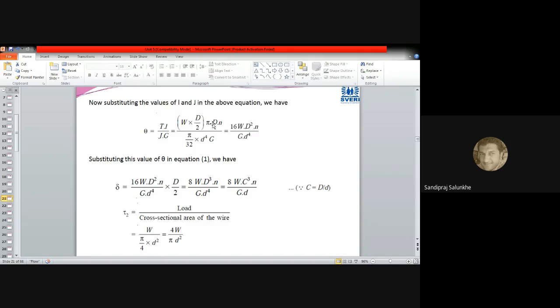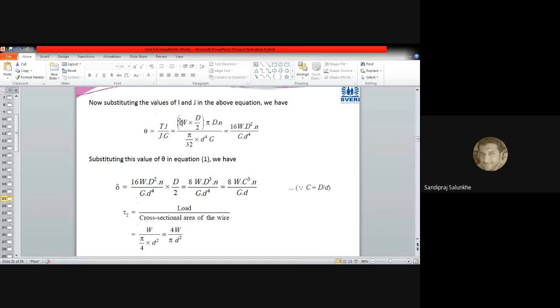This will become T into L divided by J. J is pi by 32 d raised to 4 and G, modulus of rigidity, as it is. So this equation will become 16, because the 2 will cancel with the 32, leaving 16.